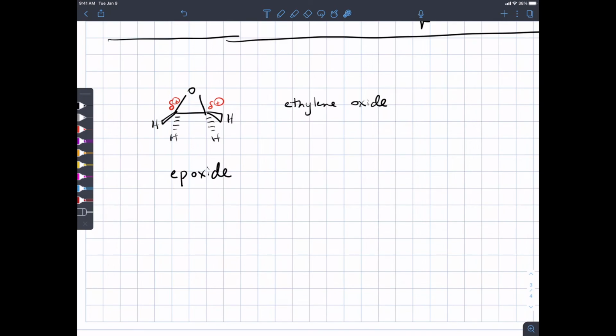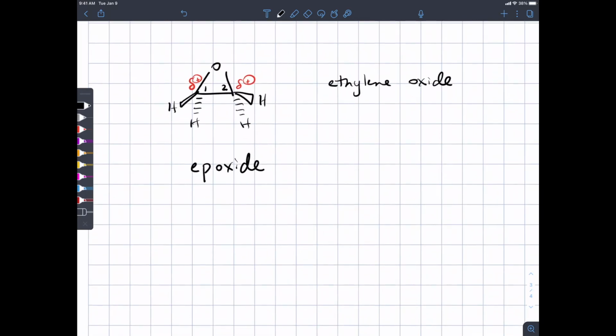Now, you can already detect a potential source of complexity in the sense that the epoxide is reactive at 2 carbons. In this case, we've just chosen one of them. I'm sorry, in this case, the 2 carbons are identical by symmetry, so it's not an issue. But just as a preview, we will learn how to deal with what happens when the epoxide is not symmetric and which of those 2 carbons is the reactive one.